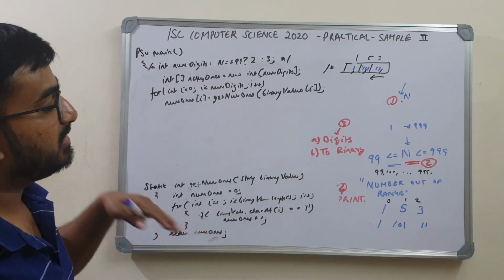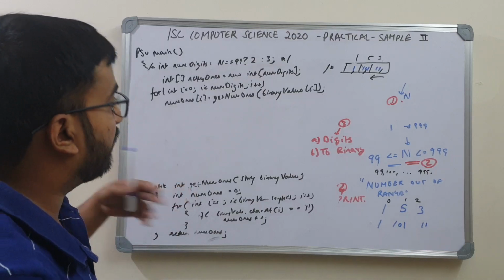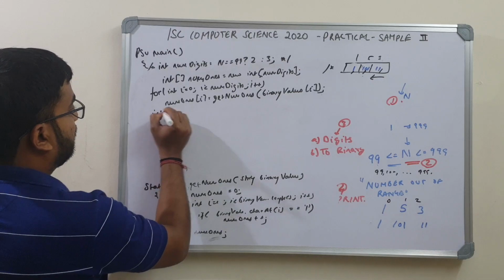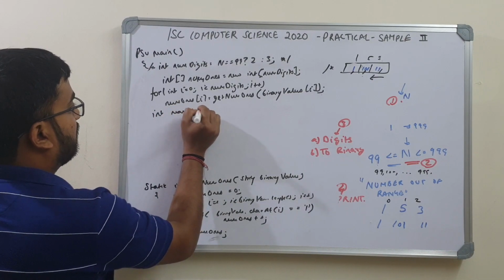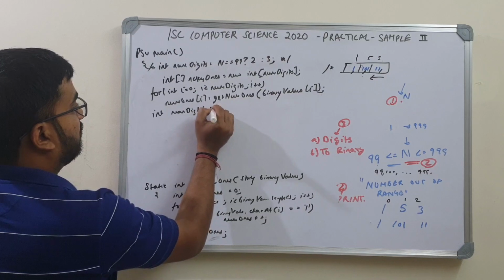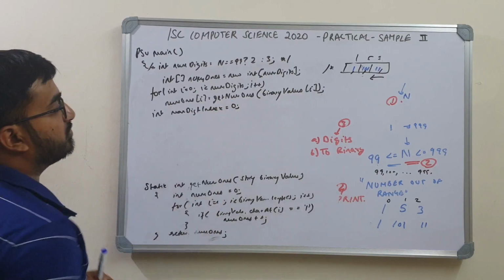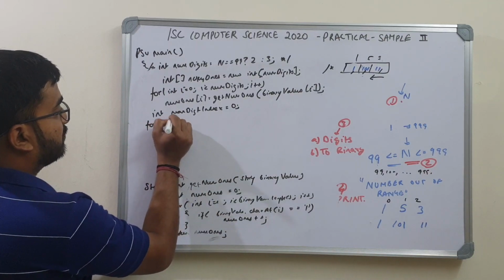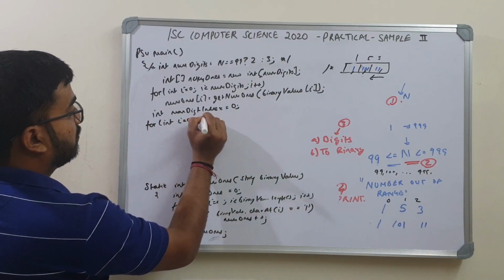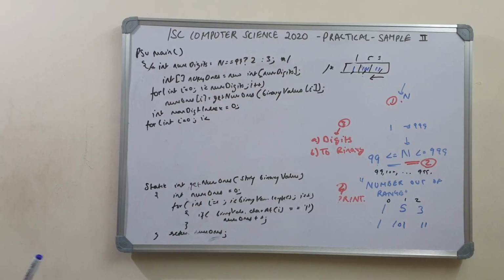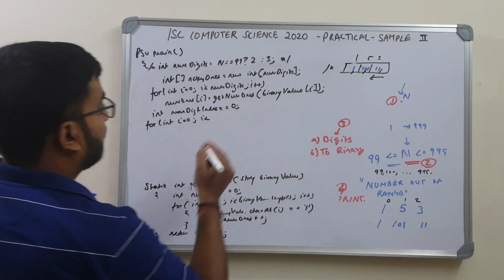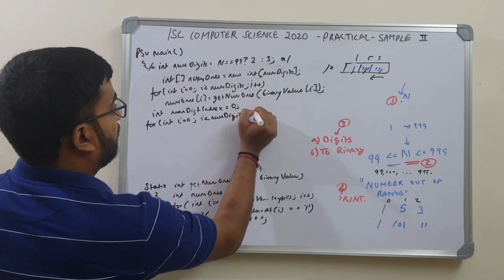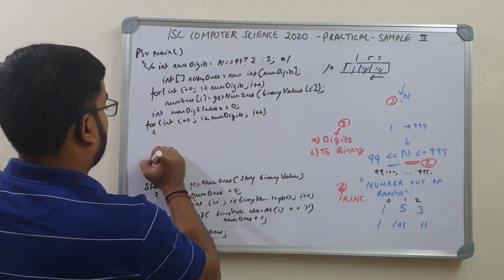Now you have to find the digit with the maximum number of ones in its binary value. So suppose I say int max digit index is equal to 0. Suppose my first digit has the maximum number of ones. So I'm going to compare and check. For int i is equal to 0, i less than number of digits, i plus plus.